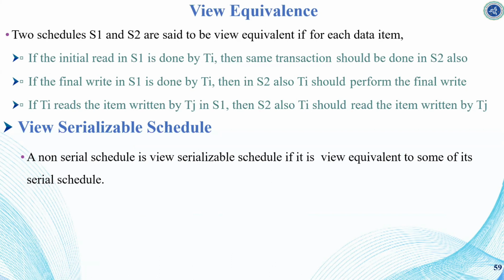After finding view equivalence, if there exists a non-serial schedule that is view equivalent to some serial schedule, then we can say that particular schedule is a view serializable schedule.